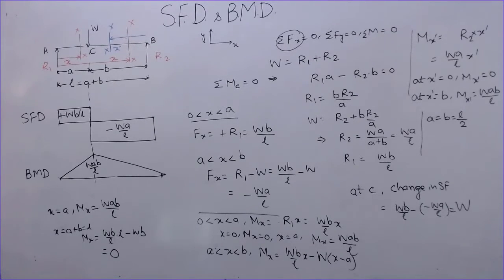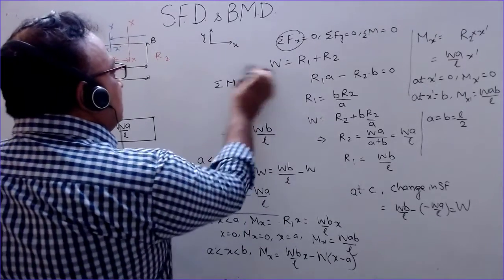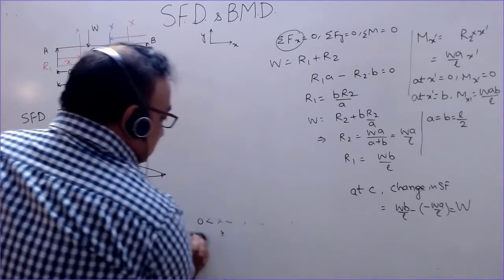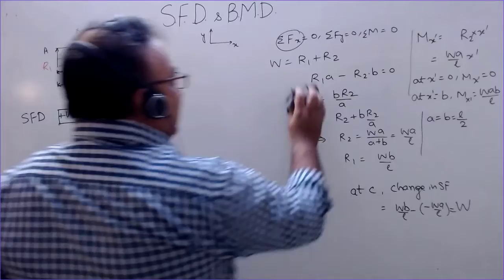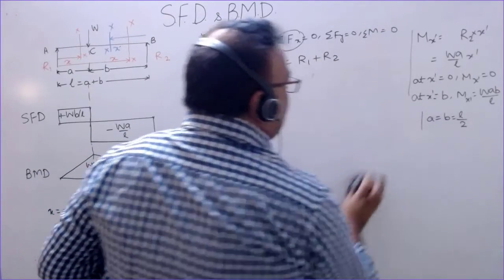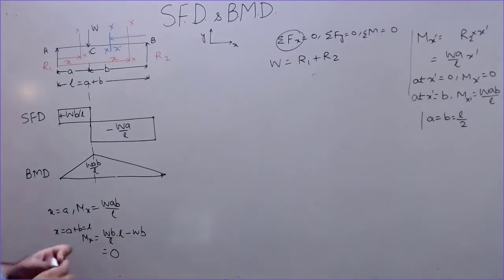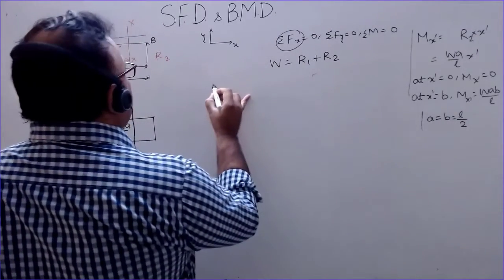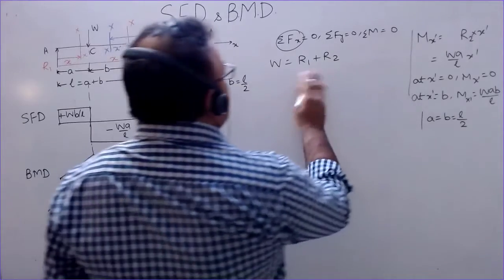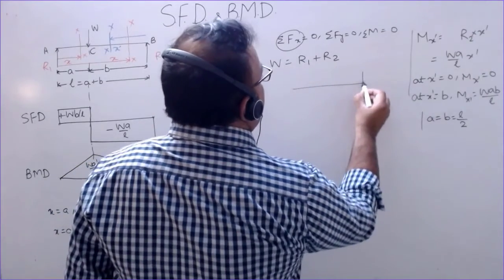So we can easily write for this beam, in that case, a equal to b equal to L by 2. The load is acting at the center.